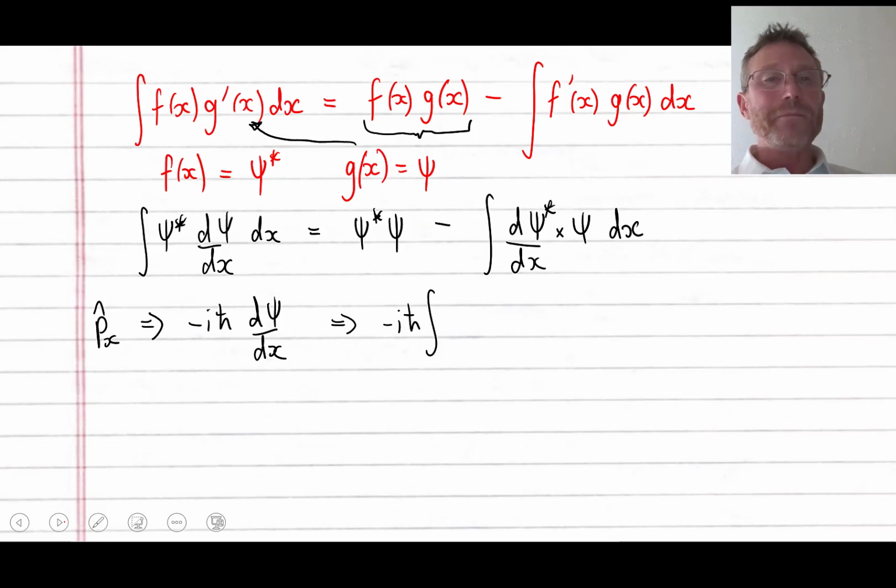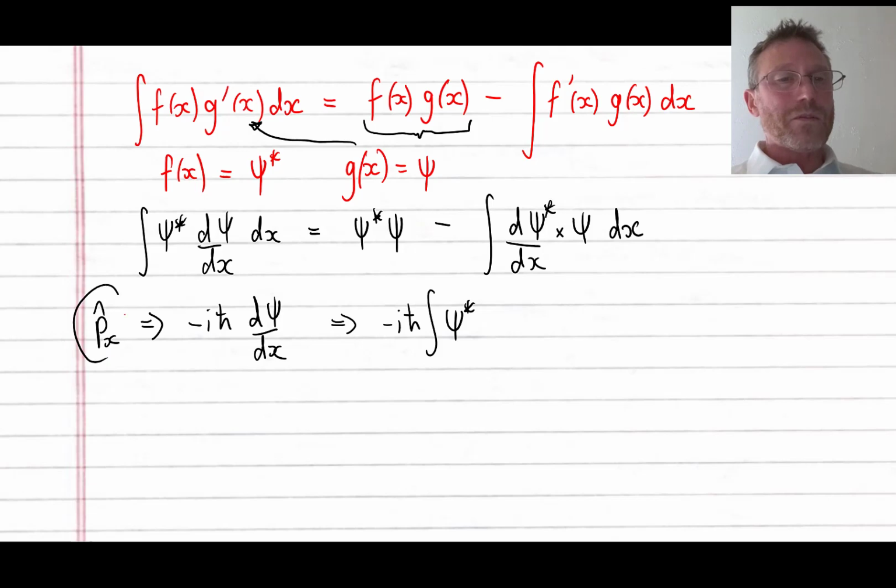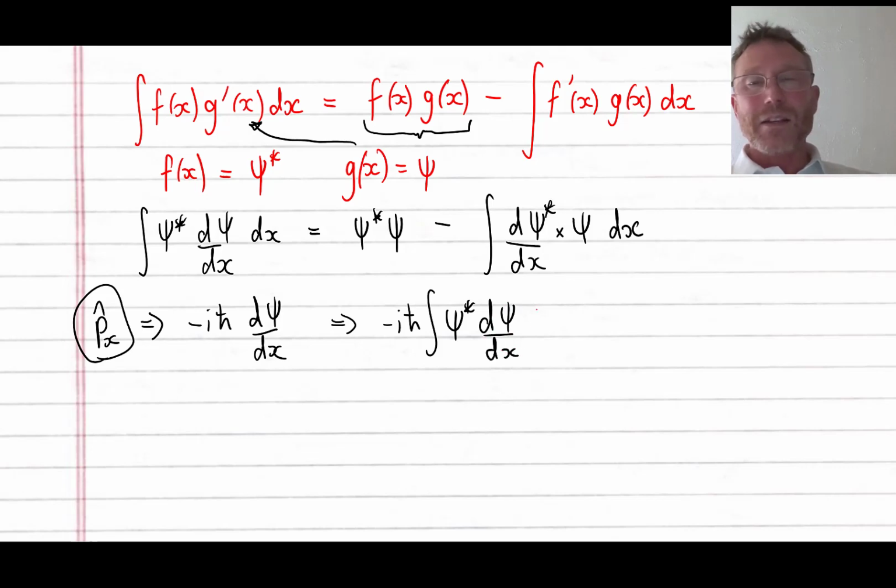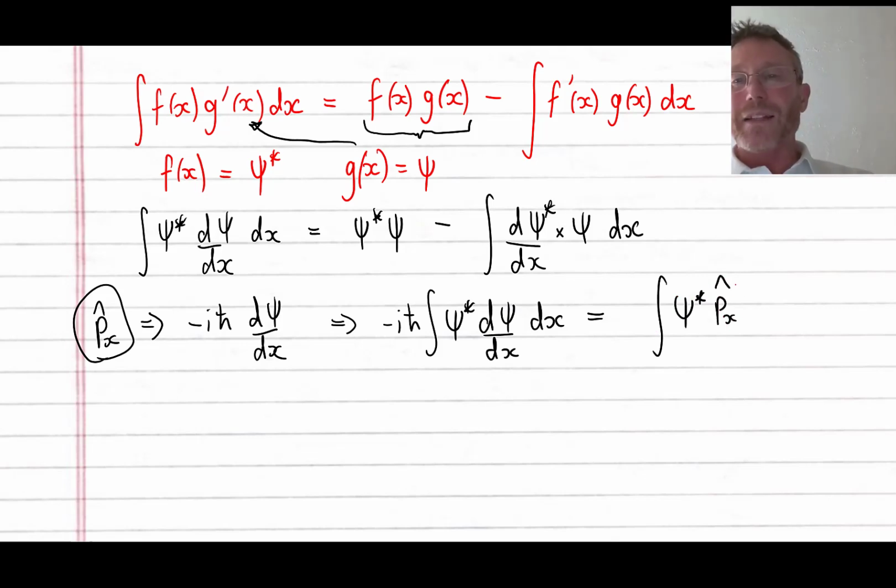So that ends up being psi star, and the operator, this momentum operator, d psi by dx, and that is equivalent to the following expression, psi star p x hat psi dx. Okay, so that's the left-hand side.